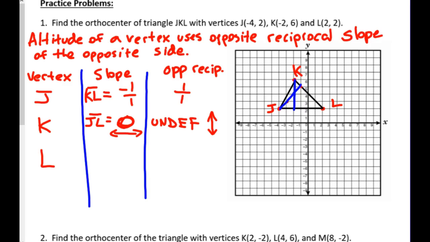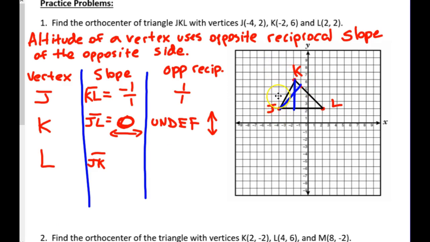You ready for this? What's the side across from L? No, I'm serious. But I'm serious. All right, but seriously, it is JK. So, what is the slope of JK? What's the rise over run?